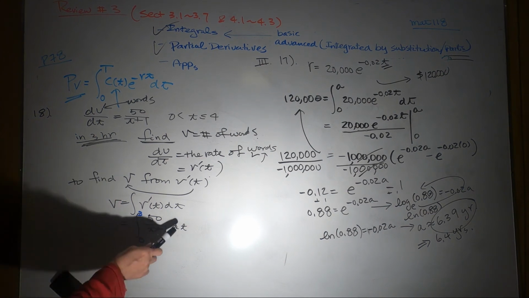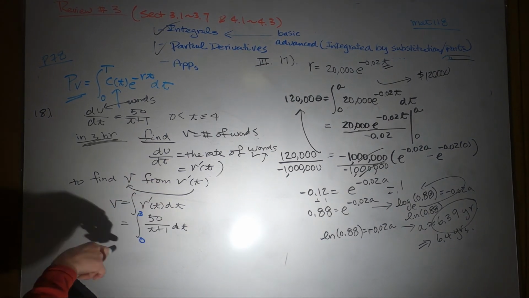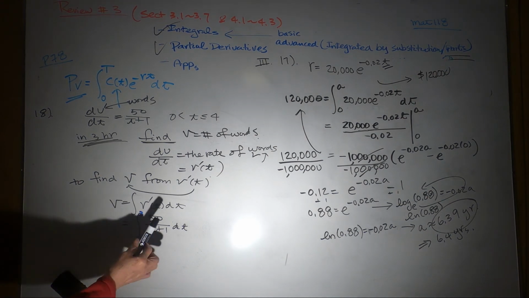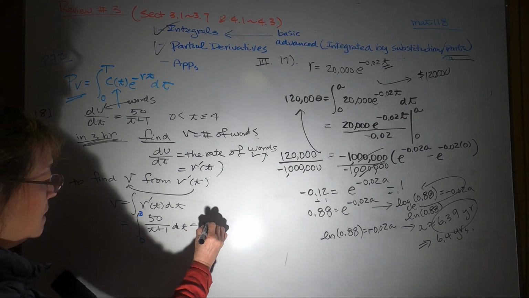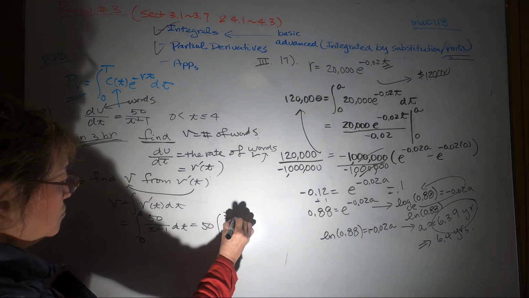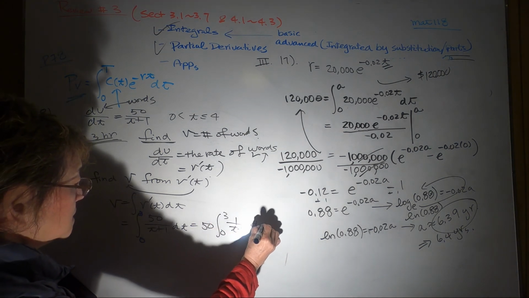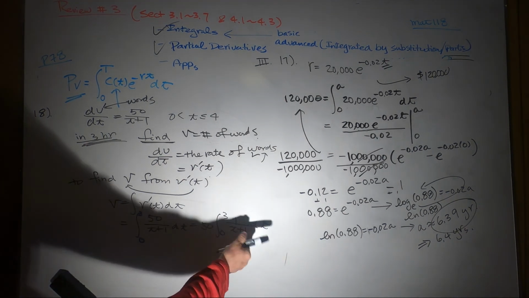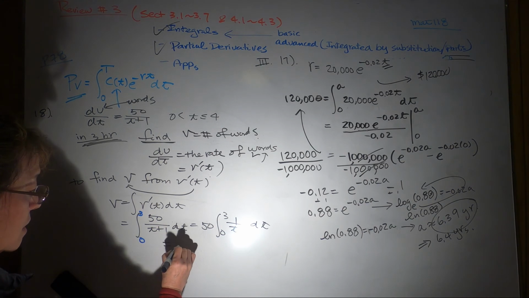Once you have concepts correctly, then you can do the math. Then that will be 50, 0 to 3, 1 over t plus 1 dt. That will be your antiderivative for 1 over something. That will be your natural log, right?